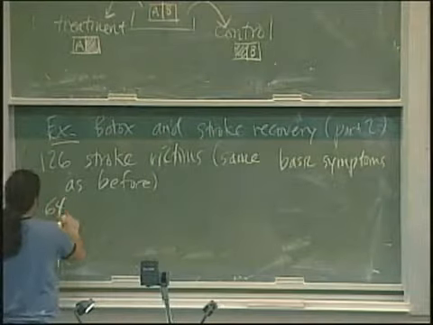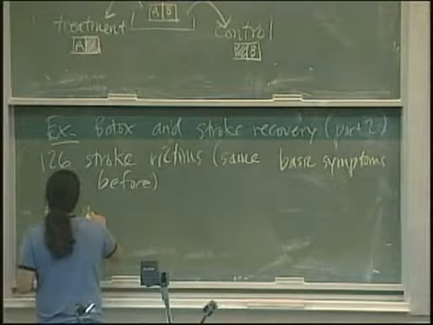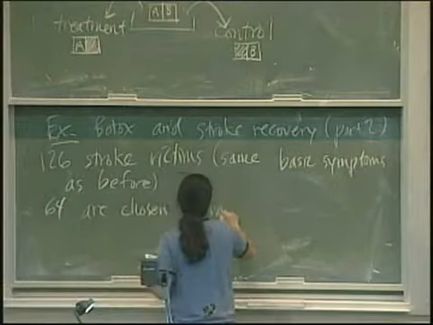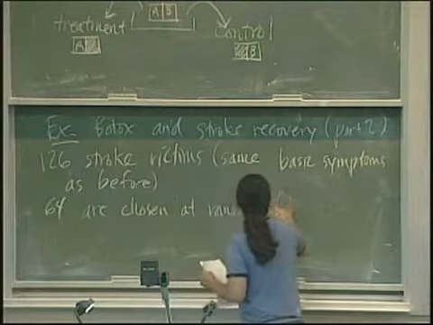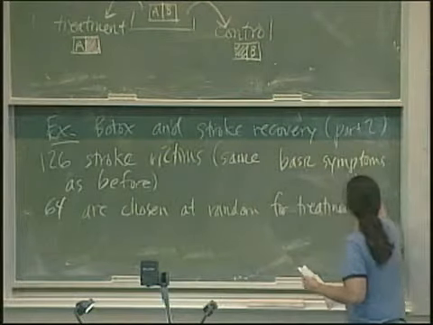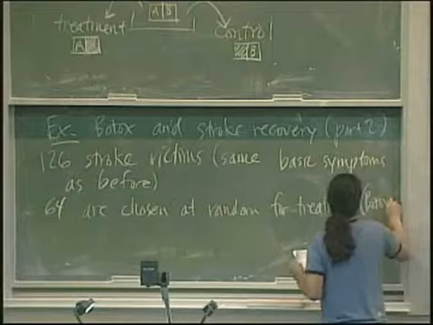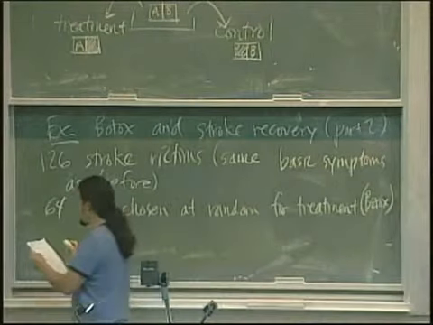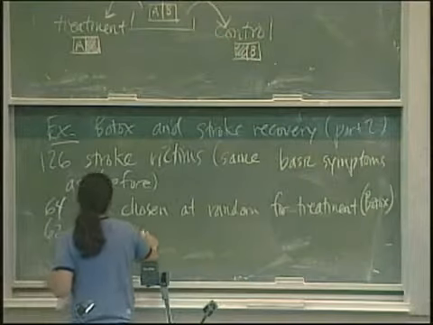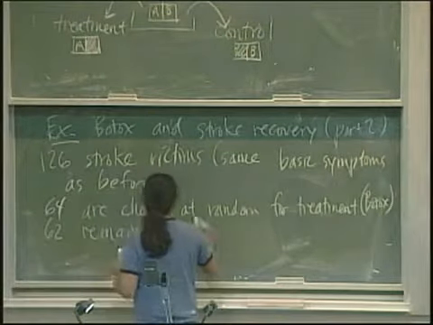Okay, so I'll write down the data. So 64 are chosen at random for treatment, and the treatment is the same as before, Botox injections in their hands, and 62 remaining get a placebo.